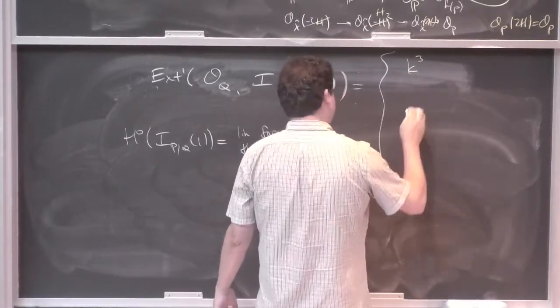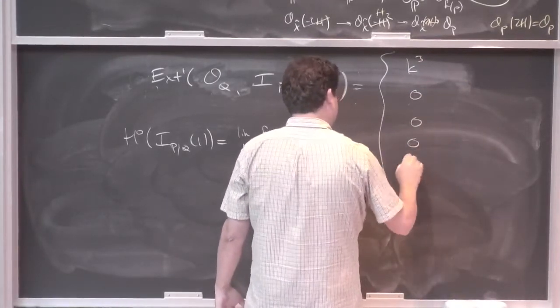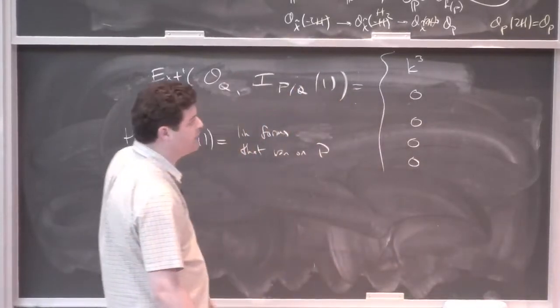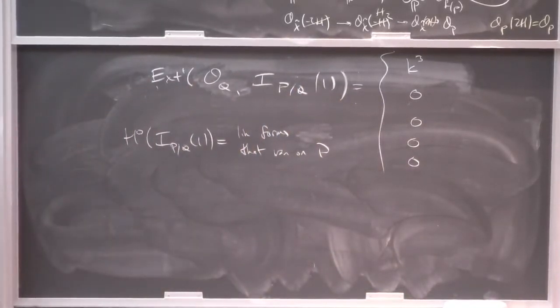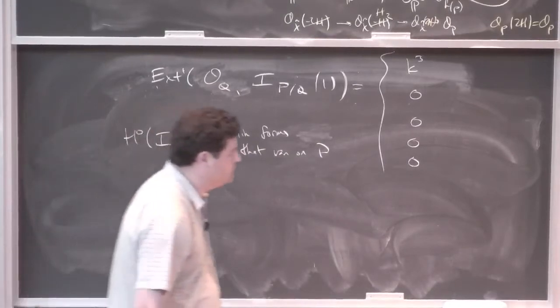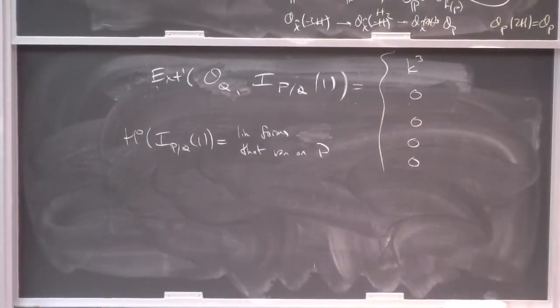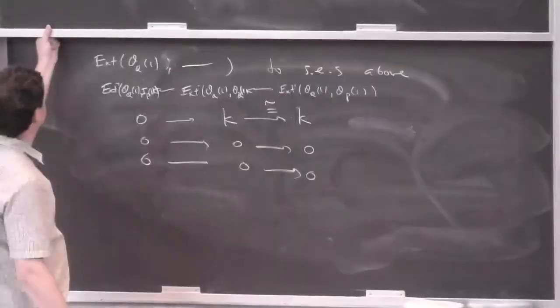And then, well, I claim it's 0, 0, 0, 0. And the reason is if you took cohomology of that short exact sequence, maybe that's the best way to see it.